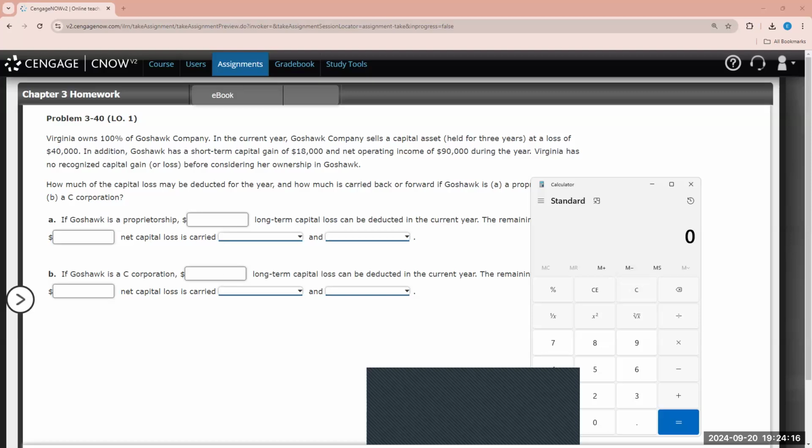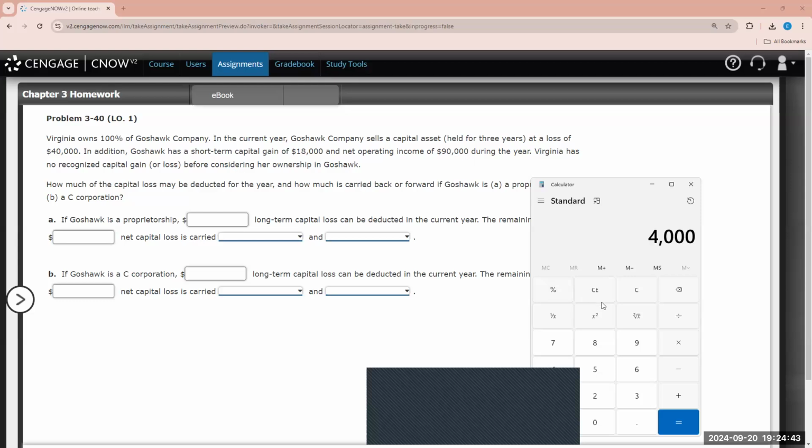All right. So how do we determine that amount? $40,000 here lets us know that we have a loss. So we have the short-term capital gain of 18,000, and then we have the capital asset with the loss of $40,000.